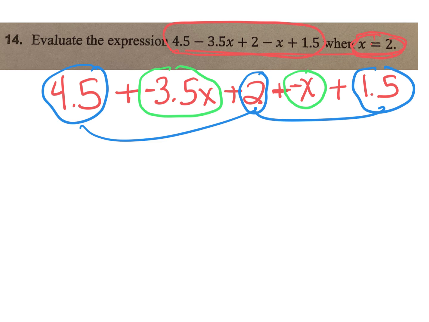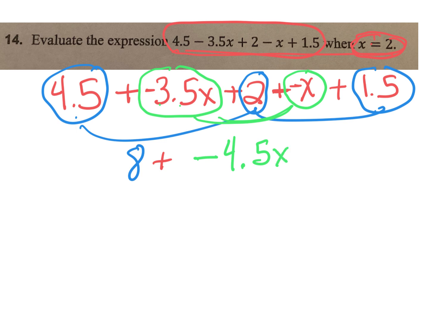So it's 4.5 plus 2 plus 1.5. 1.5 plus 4.5 is 6, plus 2 is 8. Now let's do the green. We'll have to add these two together. A negative 3.5x plus a negative x gets me a minus 4.5x.